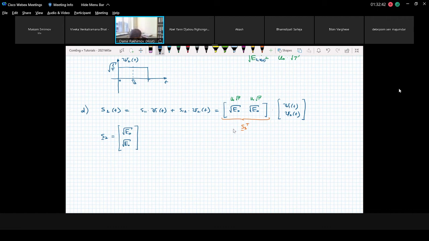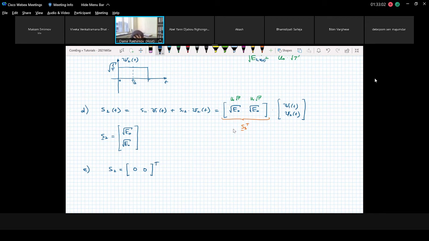So we go to the next question, question E. We need to draw the time domain signals, and we have 4 different signals. Signal S2 is given as 0, 0 transpose.